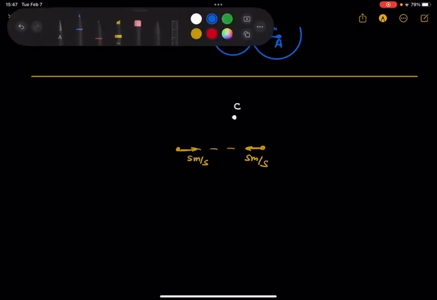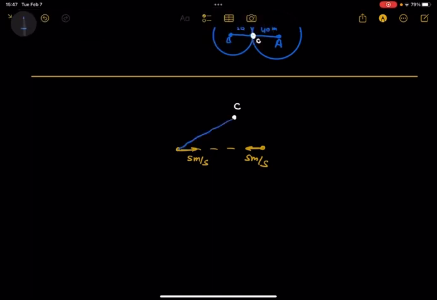The separation between A and C is 40 meter and this separation is 30 meter. This information is given. Of course this particle is moving in this direction with speed v1, and in this direction with speed v2.